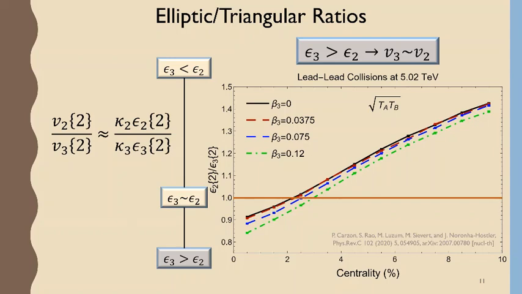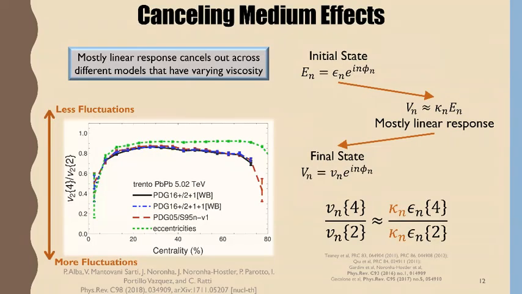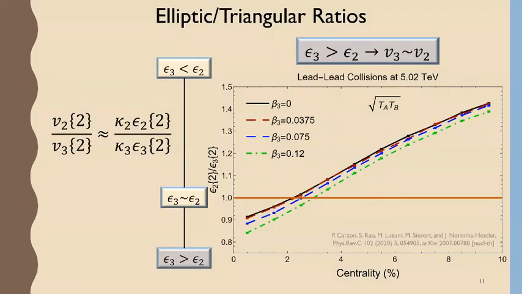epsilon 3 and 2. Another thing we can look at is the 4-particle to 2-particle cumulant ratio, which, as you notice from this slide, these response coefficients complicate things because they make it very hard to compare to experimental data. They contain a lot of information that can't be removed.